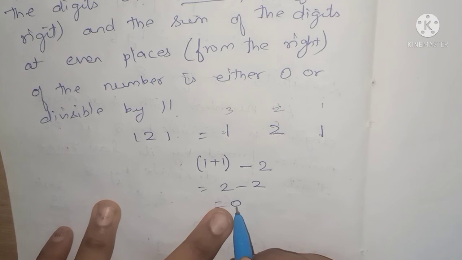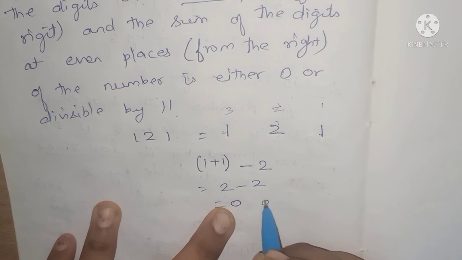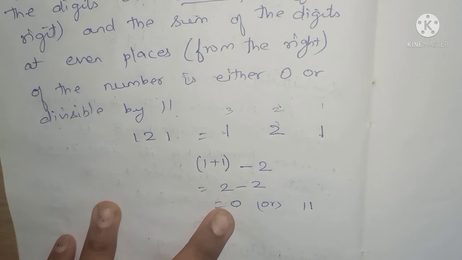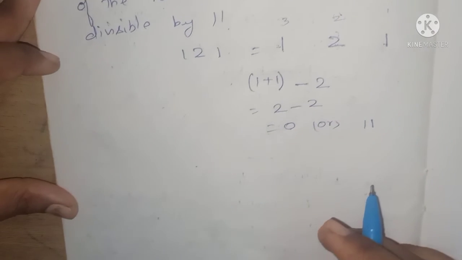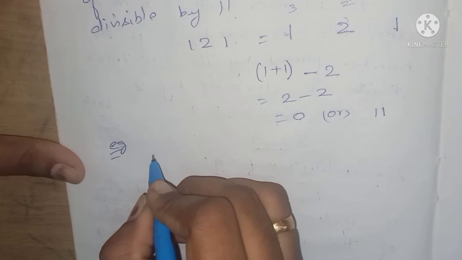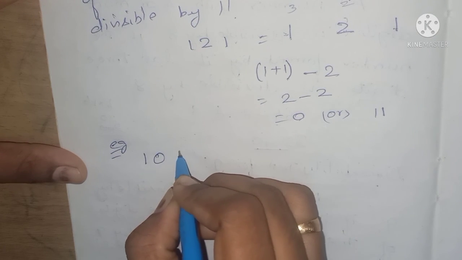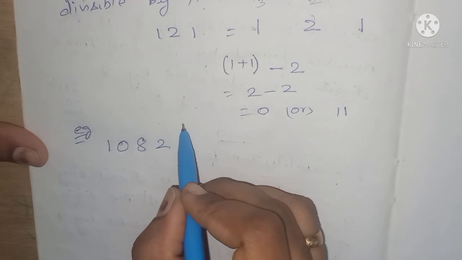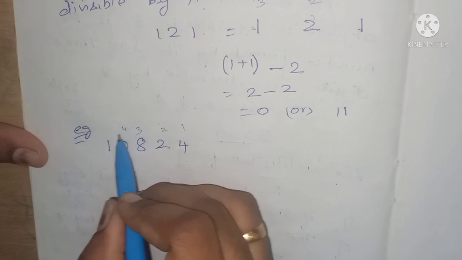So if we obtain the answer to be 0 or 11, we say that the entire number is divisible by 11. Let me tell you some more examples. For example, if we just consider 10,824. First of all, this is 1, 2, 3, 4, 5.